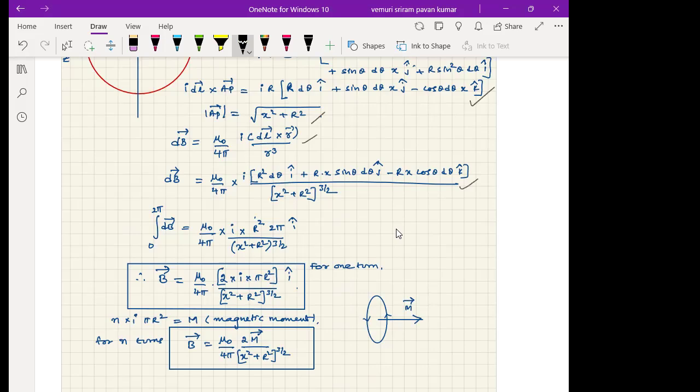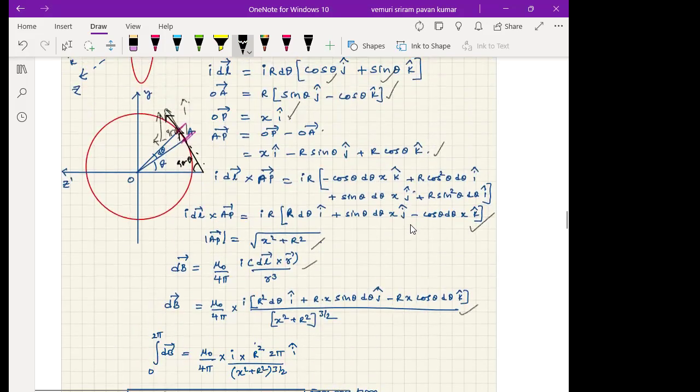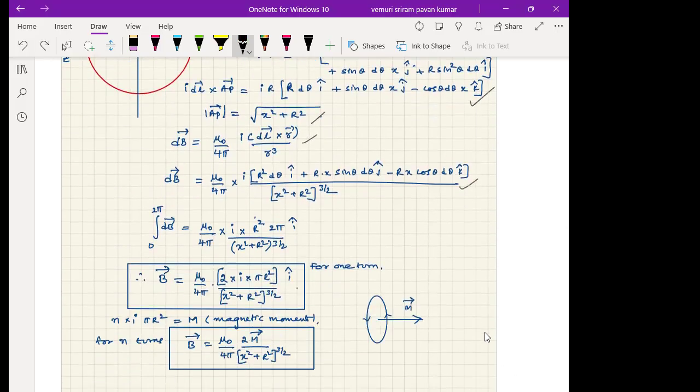Now, limits. Here, you have this element from here, theta is equal to 0, again to theta is equal to 2 pi, 360 degrees. Now I am integrating that. So I got this relation, mu naught by 4 pi I R square 2 pi.